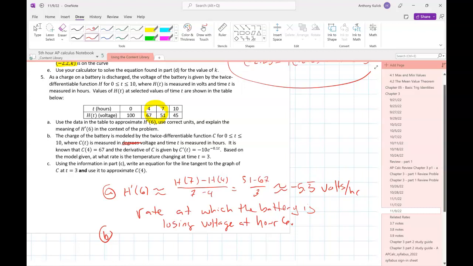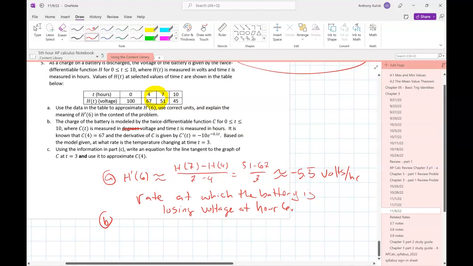That's basically what we're saying there. Is that okay, Mackenzie? So again, C is an approximation of the function H. It's not exact, but it's an approximation. Based on the model given, at what rate is the temperature changing at time t? So what am I going to do here?